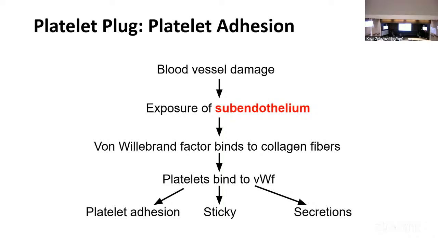So some tissue surrounding that blood vessel is probably damaged, and the blood vessel itself is also experiencing damage. This means that your blood is able to touch all sorts of things that it's usually not able to come into contact with. So this blood vessel damage is going to expose what we refer to as the subendothelium.